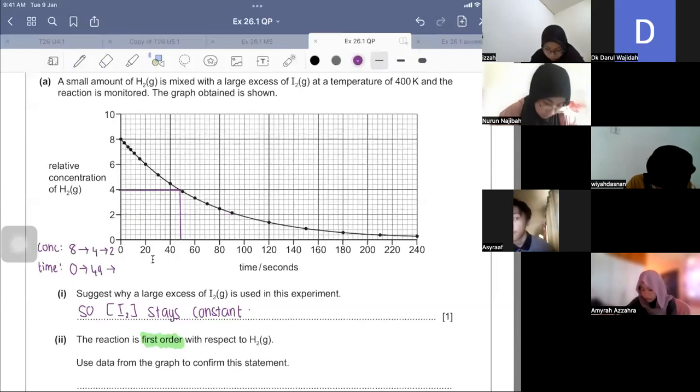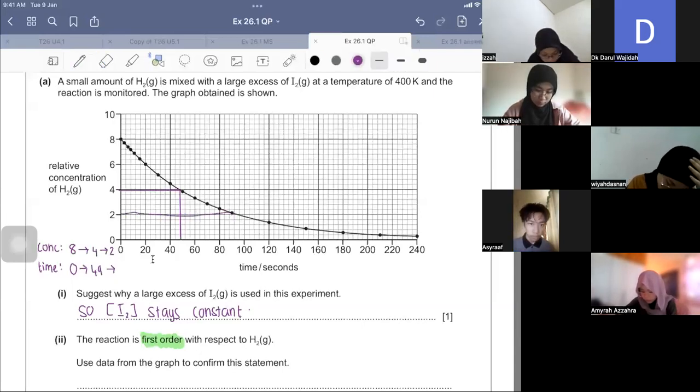I will redraw my graph because I think it's there. What sort of number are you getting?